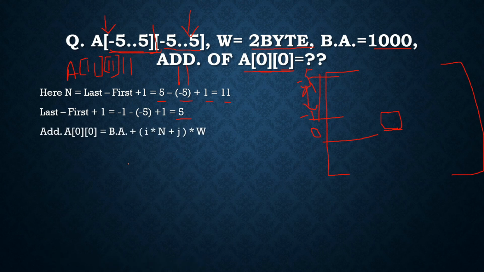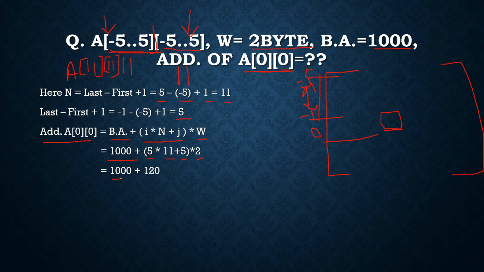So finding the address of A00: address of A00 is equal to base address plus (I into n plus j) into w. This is our equation for finding the address in two-dimensional arrays. The base address is 1000, I we found to be 5, n is 11, and j is 5, into 2 bytes.